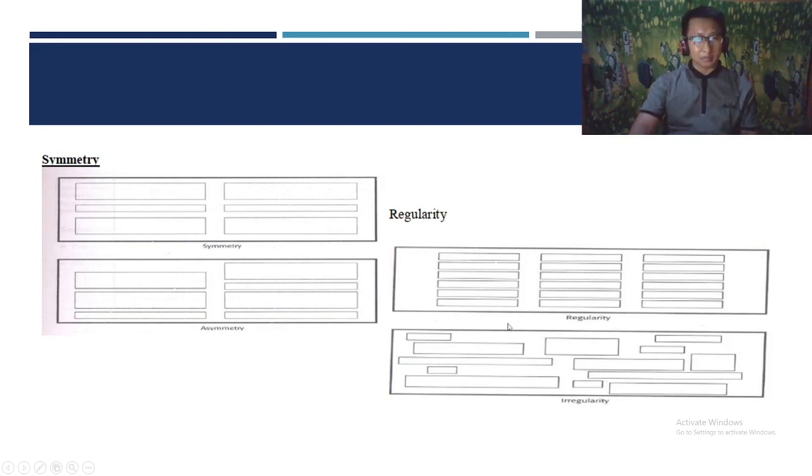Regularity. As you can see, this one is more likely the same, unlike this irregularity, which is very cluttered, with a lot of boxes that don't have the same size, which is unpleasant for us to see on the screen.